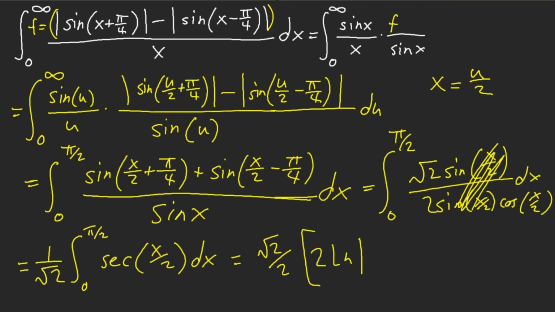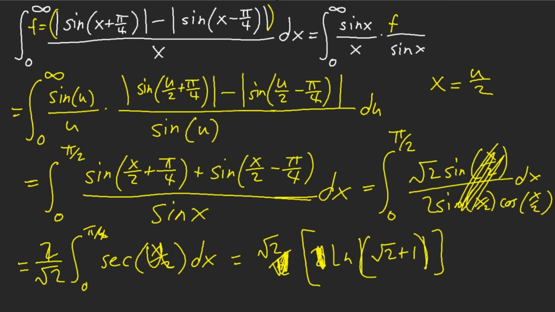We have square root of 2 instead. So now this is simply secant. If you plug in 0, that's going to be 1. ln of 1 is 0. So at pi over 4, secant of pi over 4 is going to give me what? Square root of 2 plus 1.